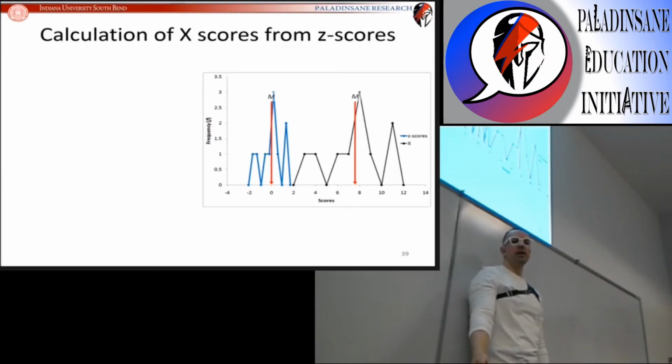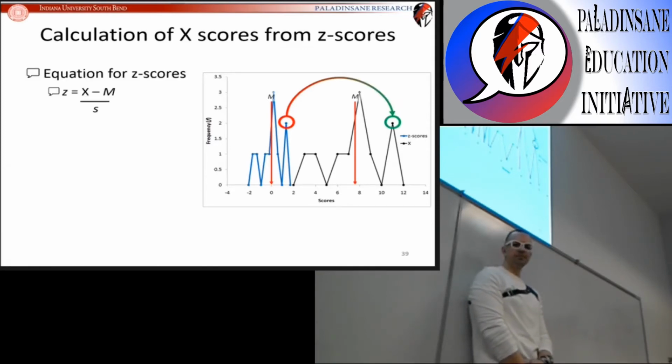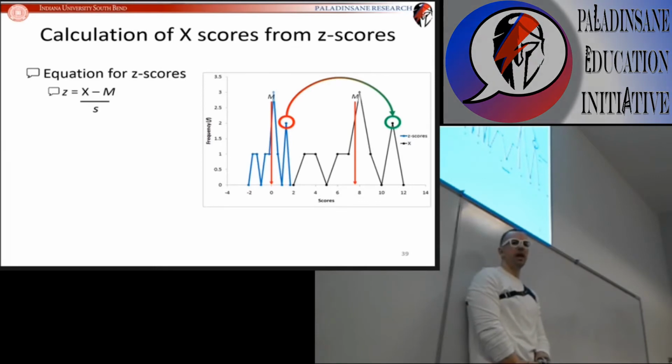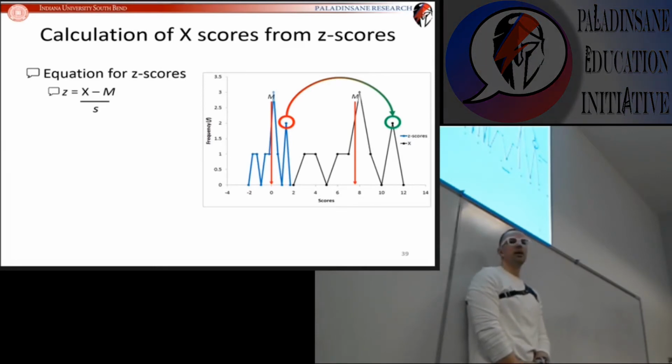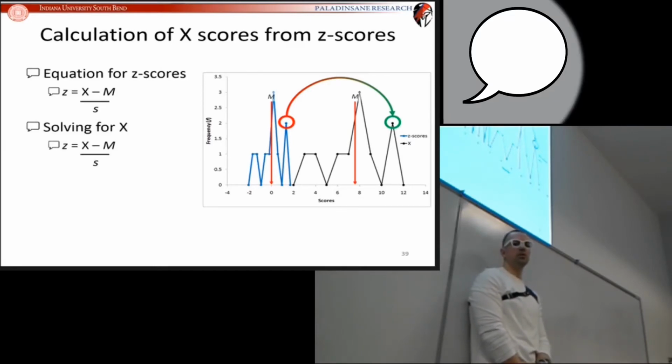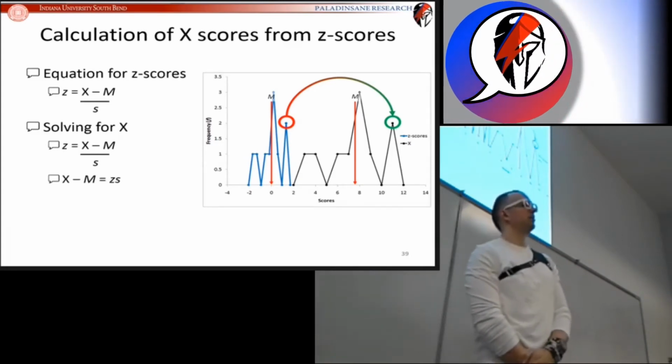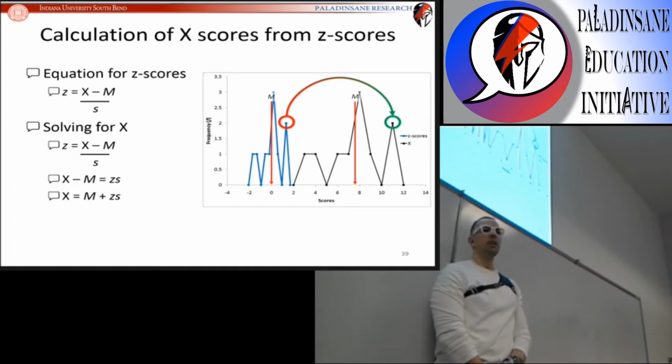So that is pretty simple enough to do when you're starting with a z-score and you're trying to recover a raw score. Really you just take the equation that you have for z-scores and solve for the raw score. If you solve for the raw score, you will see that the raw score equals the mean of your distribution plus your z-score multiplied by the standard deviation.